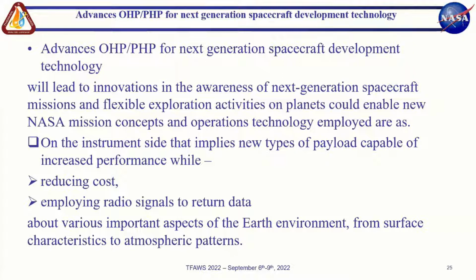The bus consists of a high capacity bus and a low capacity bus, that is HCB and LCB. So it explains the instrumentation of new types of payloads, increased performance, and reduced cost, employing radio signals to return data as soon as possible, about various important aspects of the Earth's environment from sensors, spectroscopic to explosive patterns. Next, please. Thank you.